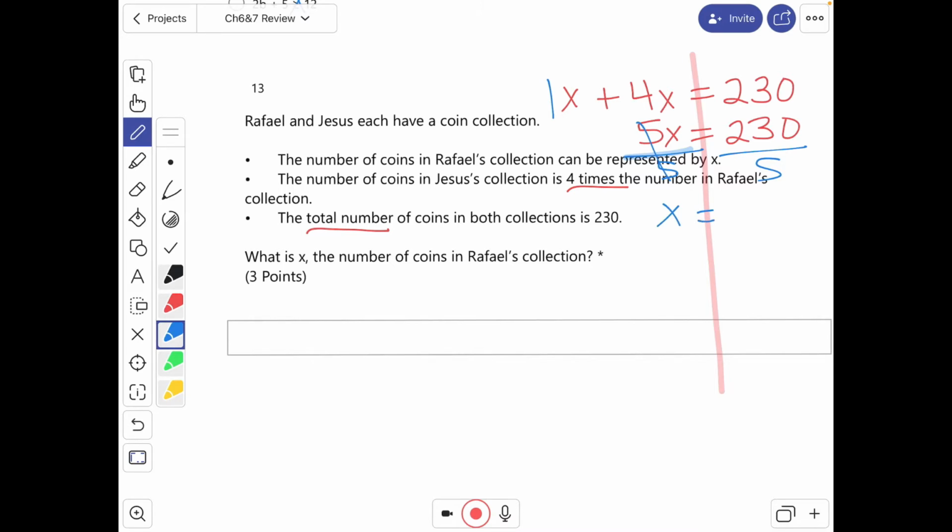The 5's cancel. X comes straight down, equal sign straight down. And 230 divided by 5 is 46. So Raphael has 46 coins.